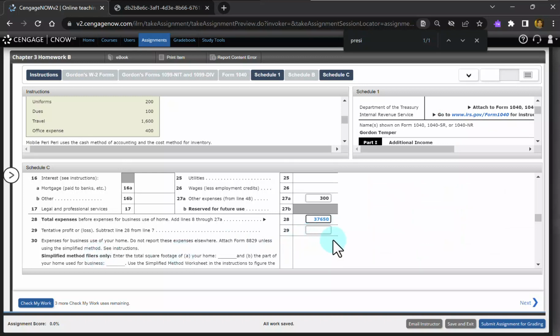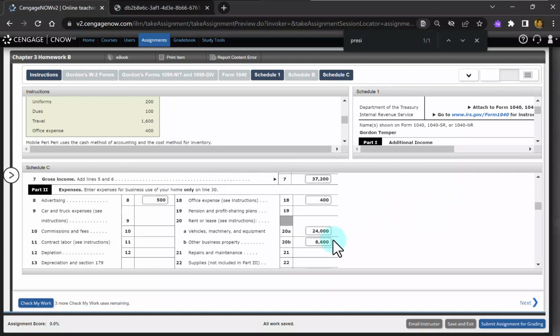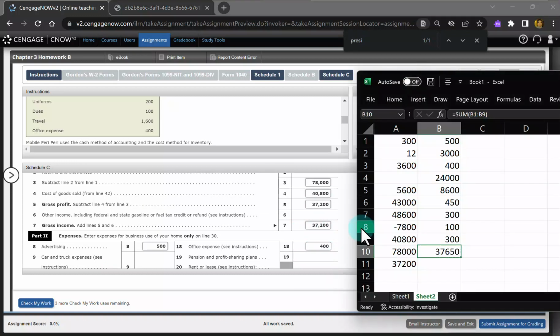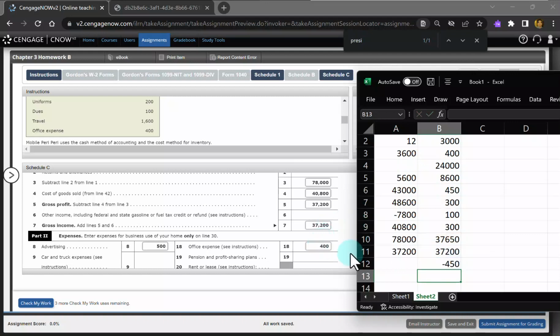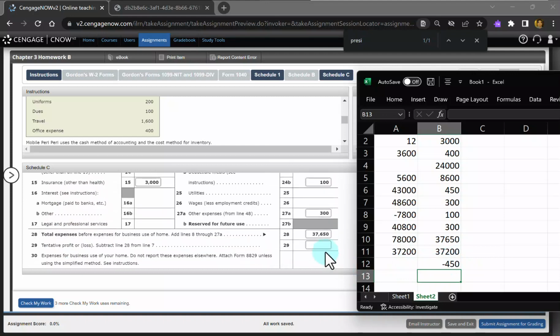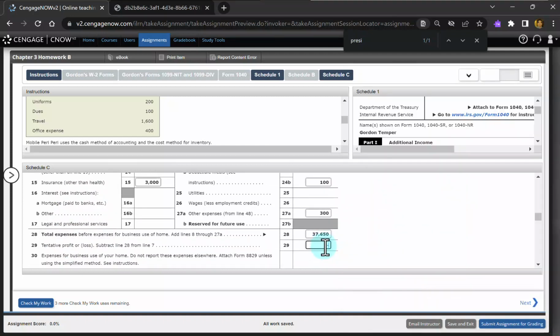And then I need to subtract that from my gross income here, 37,200. So that's a loss. Make sure you enter the loss as a negative number, minus 450.